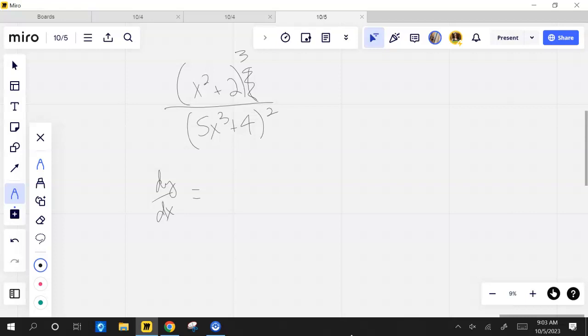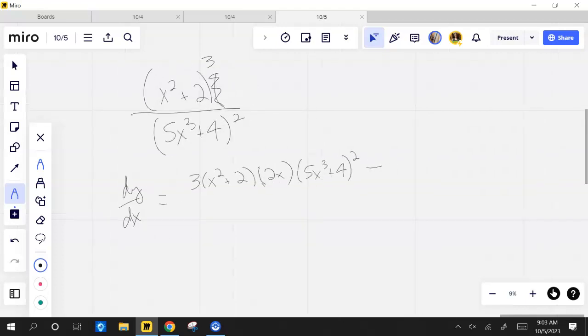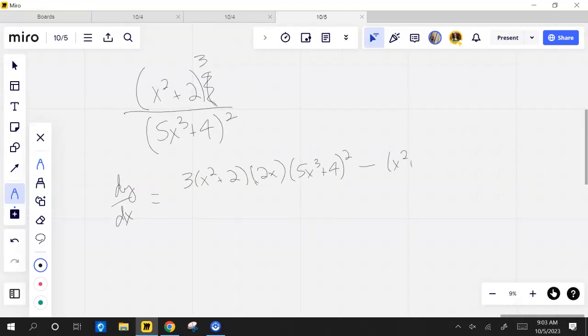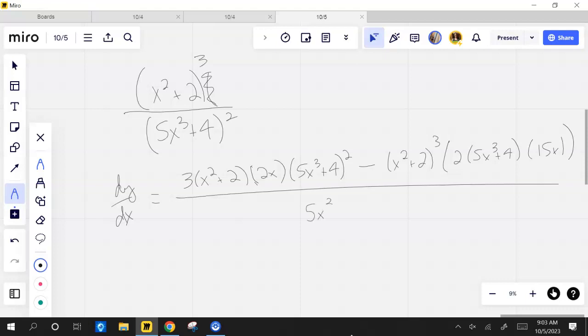Derivative of the top. 3 times x squared plus 2, and I have to chain it, times the bottom. Minus the top times derivative of the bottom, 2 times 5x cubed plus 4, and I have to chain it, all over the bottom squared. If I square a square, what happens? The exponents multiply. That's exactly right.